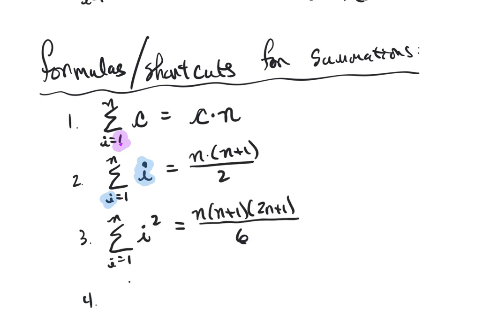And finally, the fourth and last shortcut formula is going to be when we have the summation from i equals 1 to n of a variable raised to the third power. And when the variable is raised to the third power, the shortcut is going to be the number on the top, n, times that number plus 1 divided by 2.